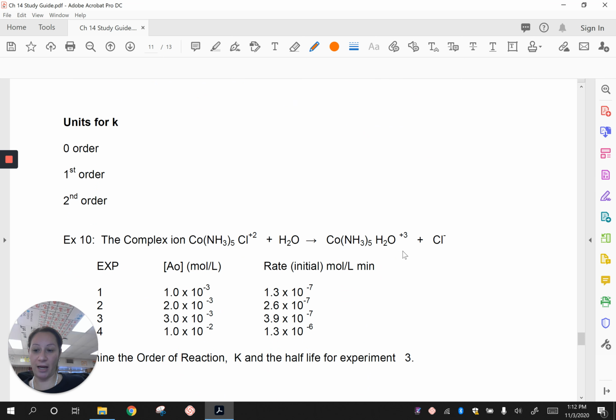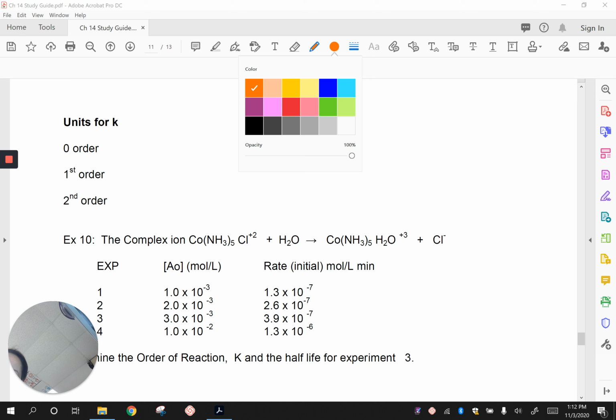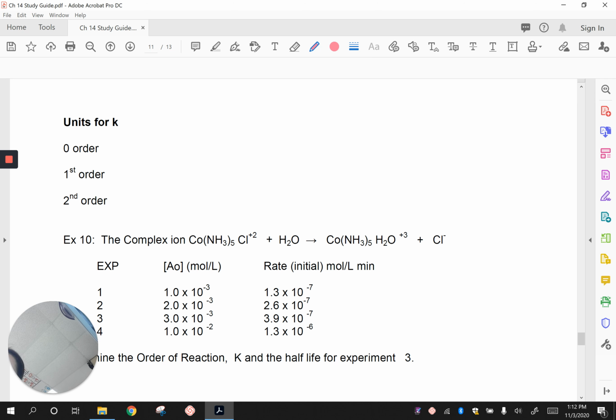Okay, units for k. Units for k are pretty important, and you can either memorize them or come up with them. You know I don't memorize, I come up with stuff, but it's totally up to you. I'm going to show you how I come up with them. So for zero order, rate is equal to k times A to the 0, which ends up being equal to k, right?